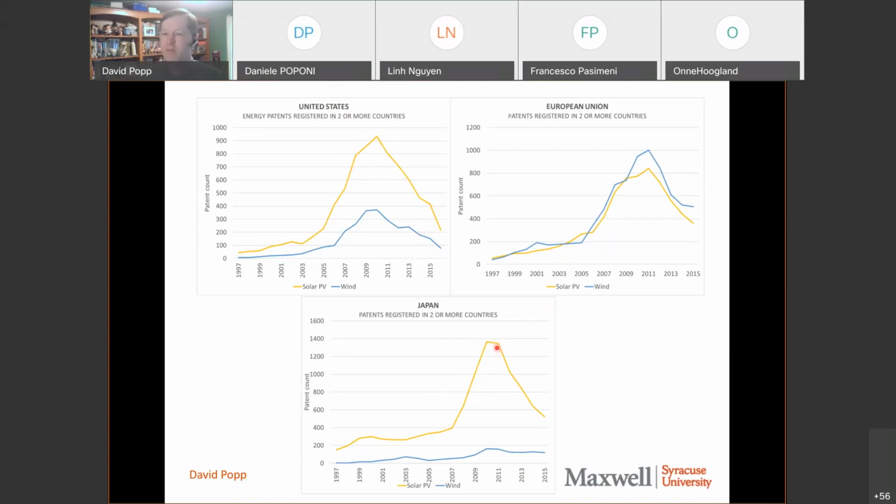But one thing we need to be careful about is that patenting behavior does vary across technologies. Historically, patents in Japan have tended to be smaller, in the sense that they have fewer claims per patent than patents in the United States and the European Union. What we would be more comfortable saying is that if we look at Japan, there's clearly a relative advantage in solar over wind. We don't see that big spike in wind patenting in Japan.